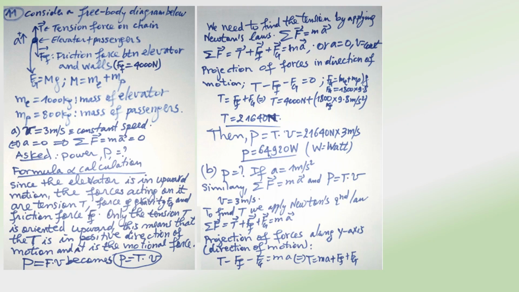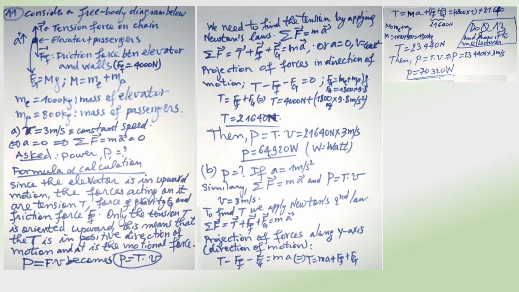If the velocity is 3 meters per second, then the power delivered is the tension force times velocity, which equals 70,320 watts.